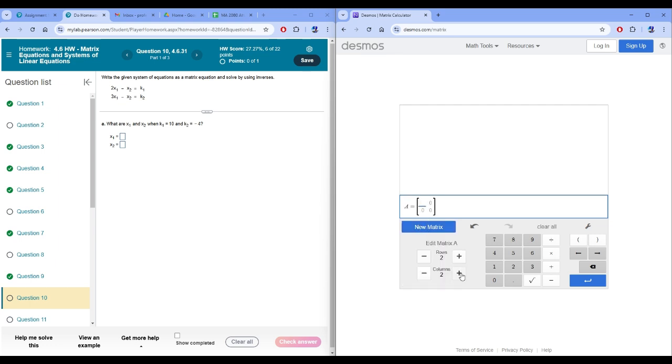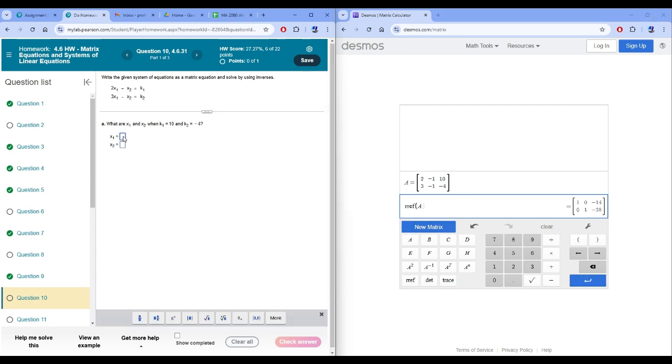I'm going to make this one a 2 by 3 so that it's 2, negative 1, 10, 3, negative 1, negative 4. I'm going to hit enter. I'm going to RREF A, and then I'm going to get that x1 is negative 14, and x2 is negative 38. Cool.